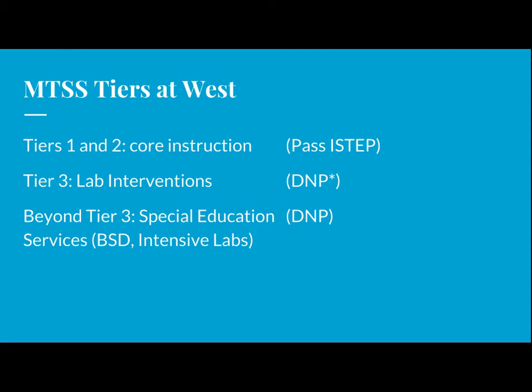I would like to point out, though, that even if a student is in special education, that doesn't mean that they can't be part of a Tier 3 intervention. I know sometimes that seems to be a little confusing for everyone, so I just want to clarify that. All of our students in our building can be part of any one of these tiers, no matter what their label is.